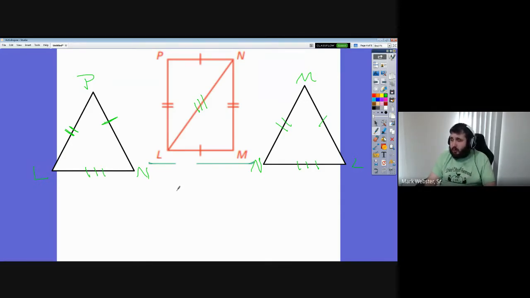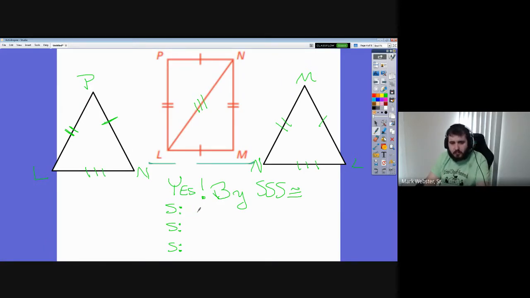So are they congruent? Yes. How do we know they're congruent? By side, side, side congruence. And how do we know that it's side, side, side? I'm going to label my pairs. What's my one side? PN and ML. What's my two side?